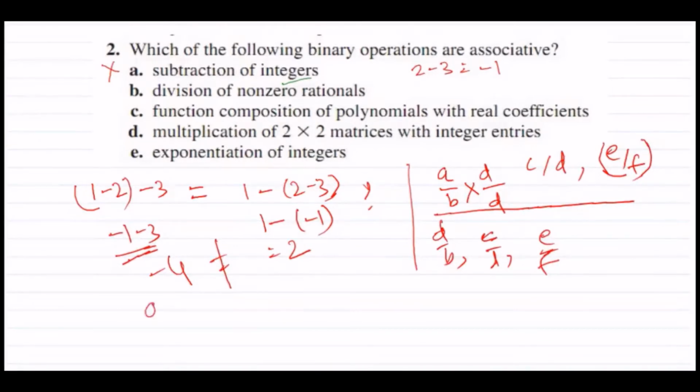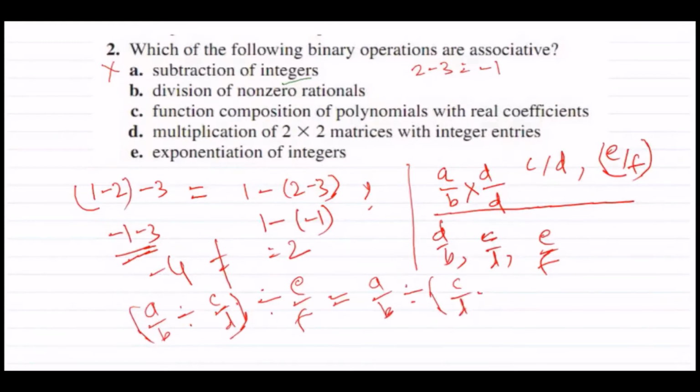A by B divided by C by D, and then divided by E by F. We need to check whether this equals A by B divided by (C by D divided by E by F). Of course, we can verify that they are not equal. This is just a matter of simple calculation. You can verify. So this is also not correct.